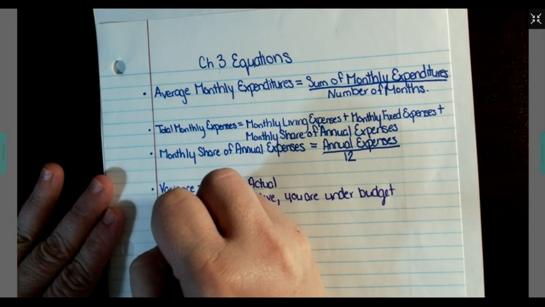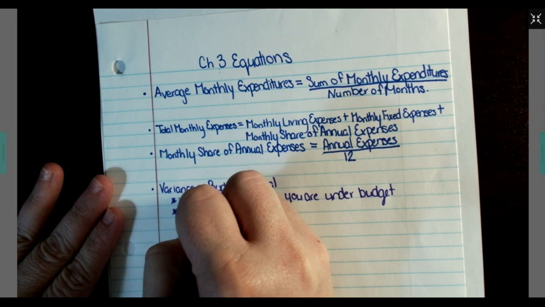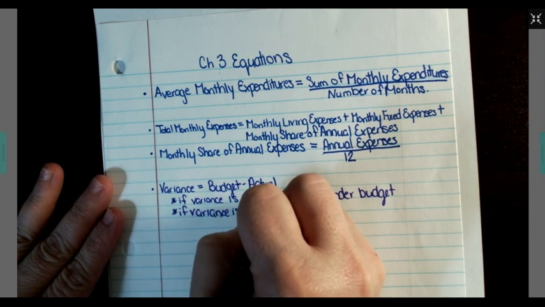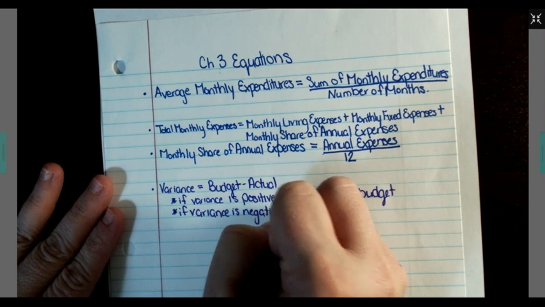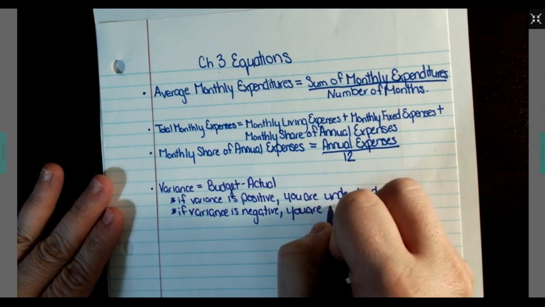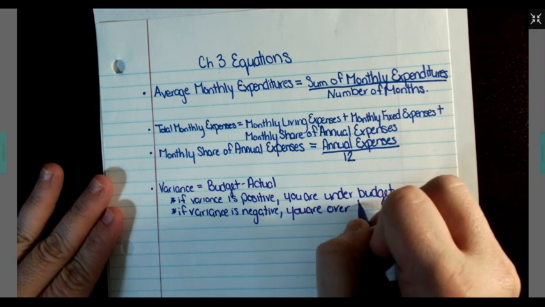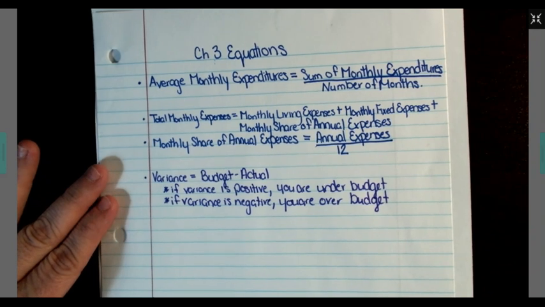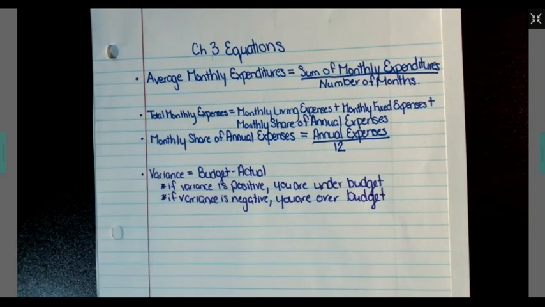If variance is negative, you are over budget. Please make a note of these two additional pieces of information to this equation.